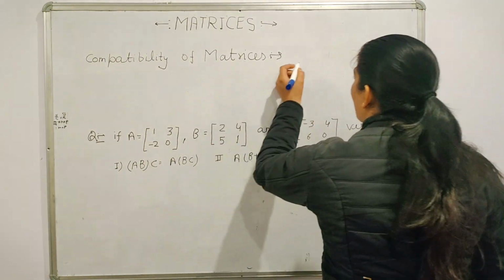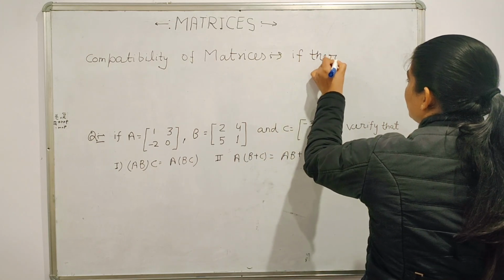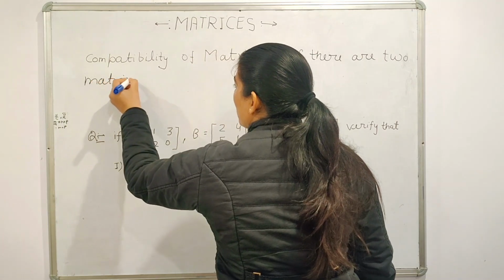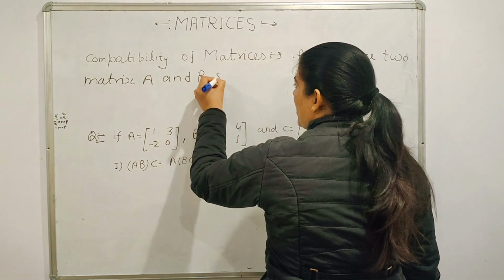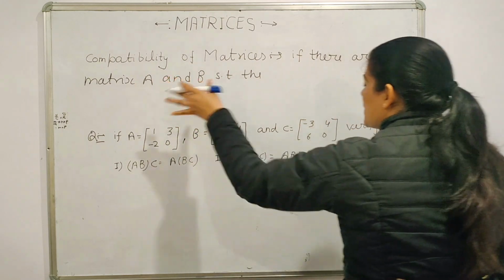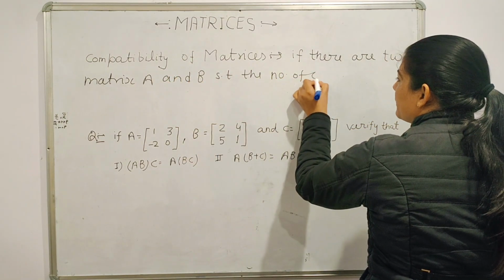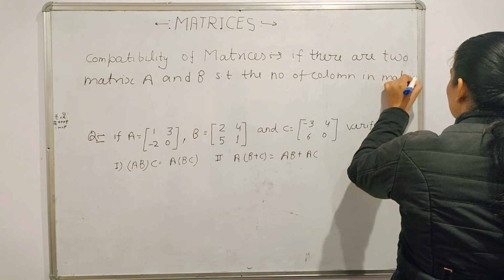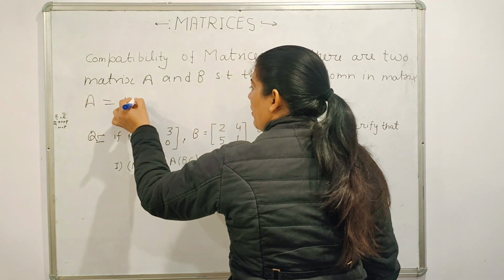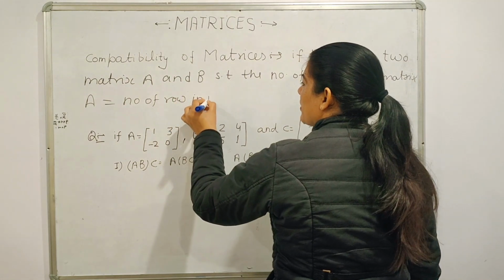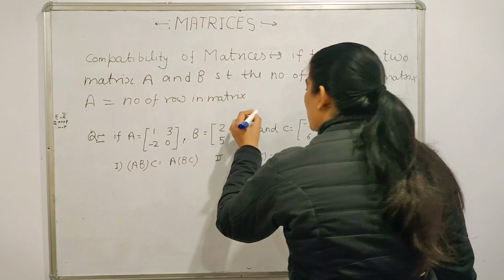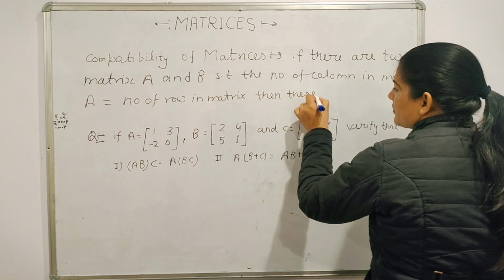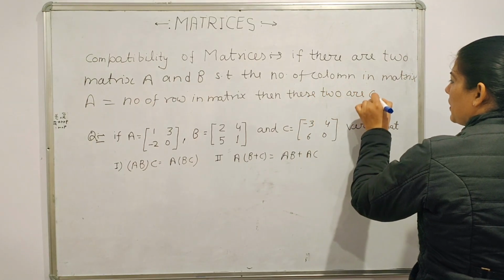So what is the compatibility of matrices? If there are two matrices A and B such that the number of columns in matrix A is equal to the number of rows in matrix B, it implies that these two are compatible.